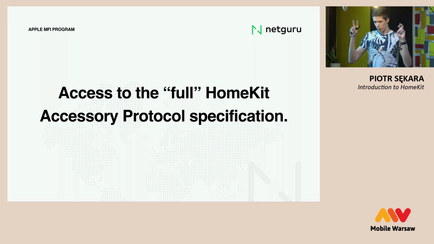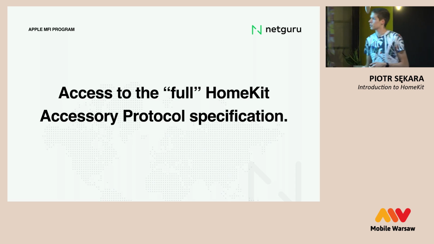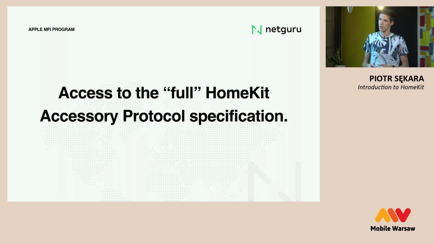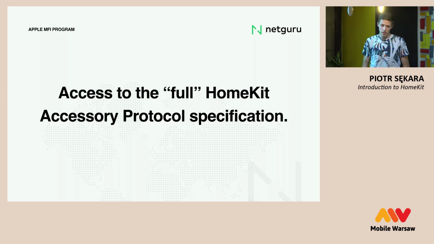I say full because recently, 2 years ago, Apple released a non-commercial version of this protocol specification, and right now it's on developer.apple.com. Also, you don't need to have a developer account to access that specification.